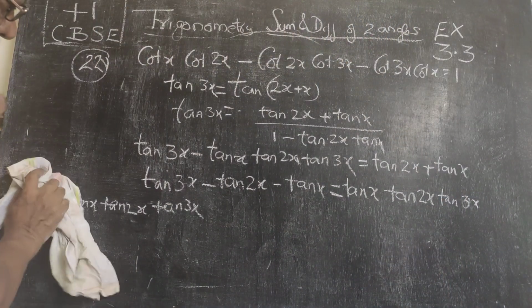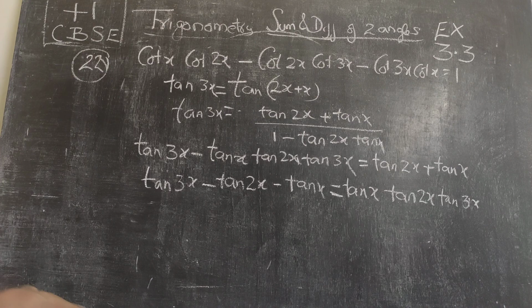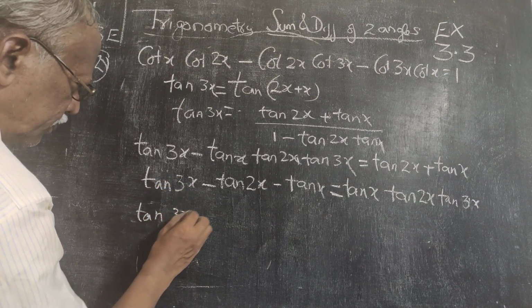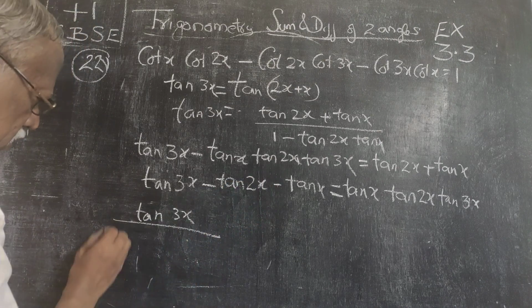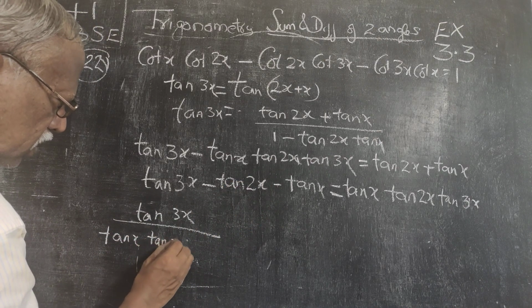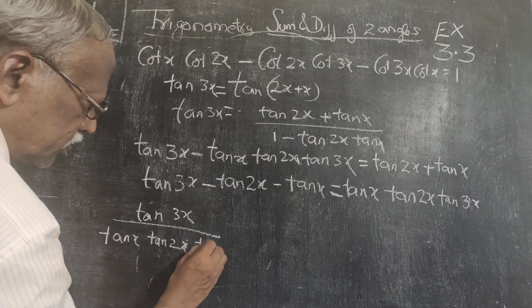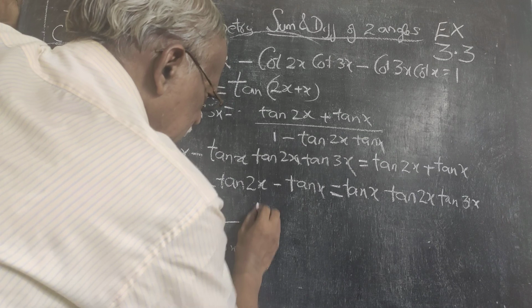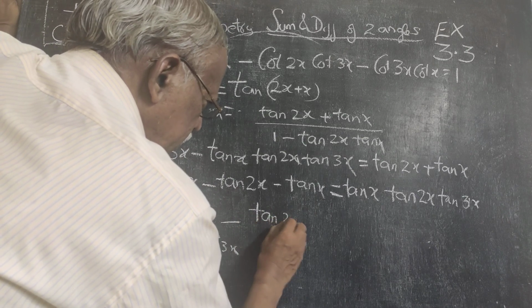So dividing this by tan 3x, divided by that tan x, tan 2x and tan 3x minus here tan 2x.